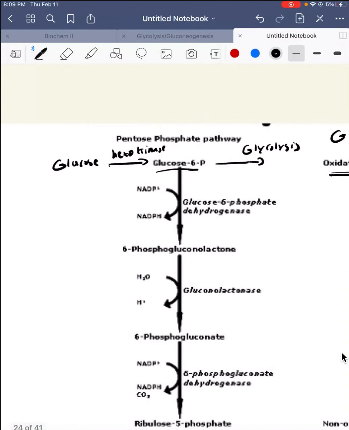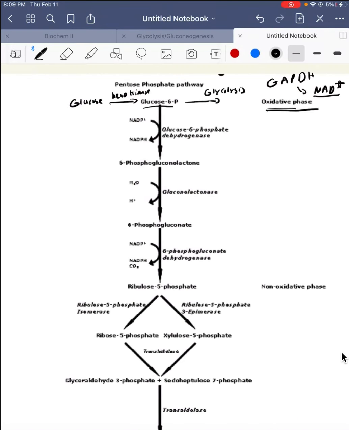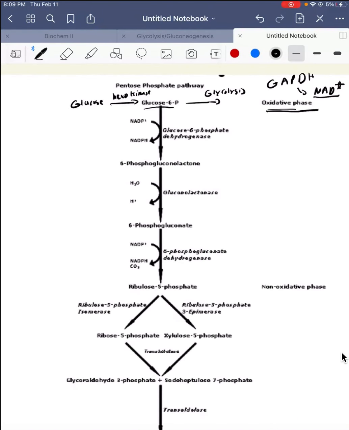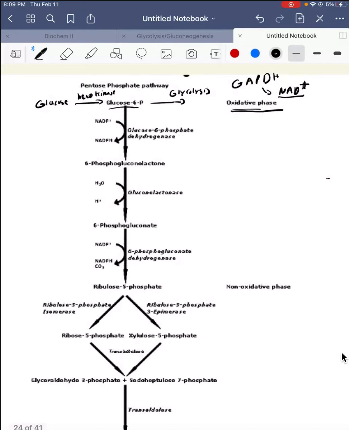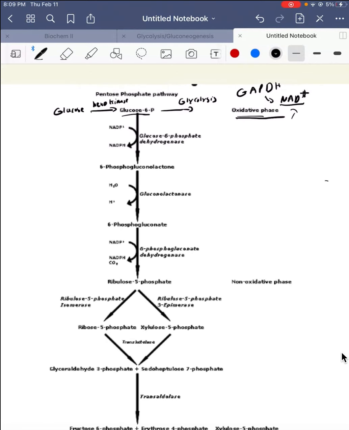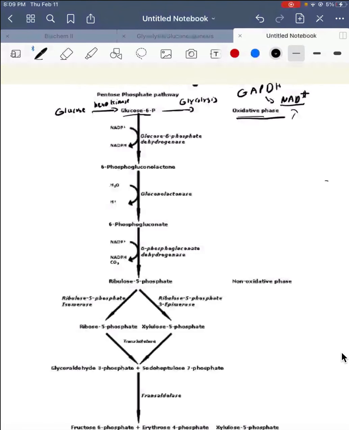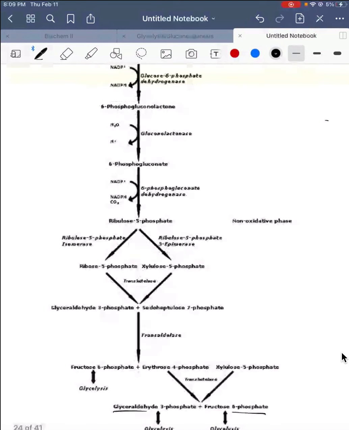This pathway developed so we don't waste carbons, because we'd need a lot of NAD for that. So a lot of the glucose ends up being shunted into this pathway, which is now called the pentose phosphate pathway. It does have a lot of purposes, but it originally developed so we don't waste carbon molecules.